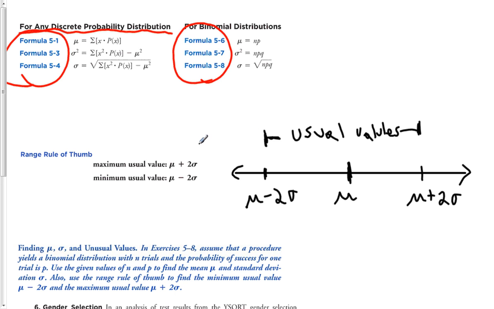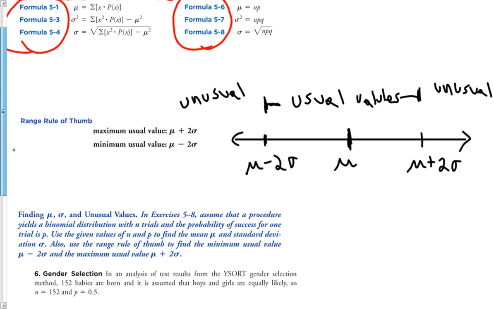So any value on the outside here is unusual. So basically, if we know the mean and the standard deviation, we know the cutoff points for usual and unusual values.